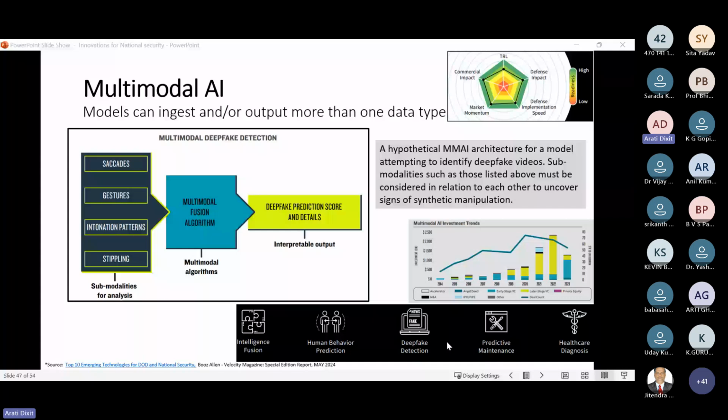So an example of healthcare diagnosis: I had an opportunity to work on a brain tumor contouring project, a semi-autonomous hybrid model of brain tumor contouring for brain tumor surgeries.